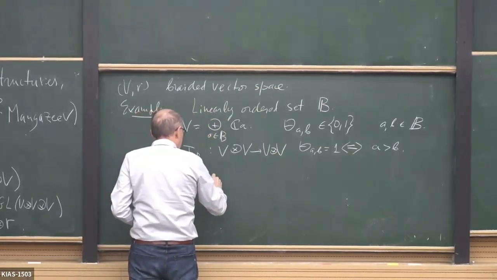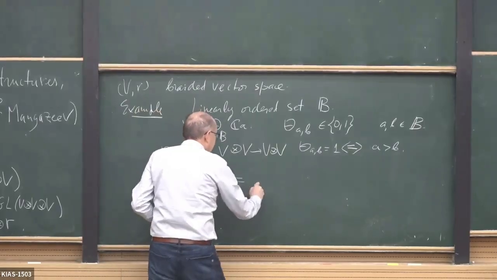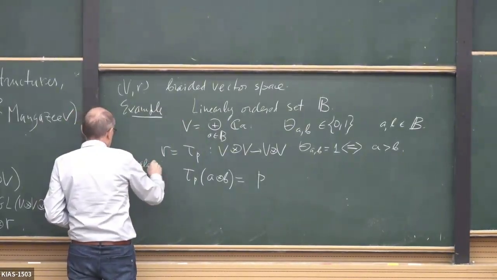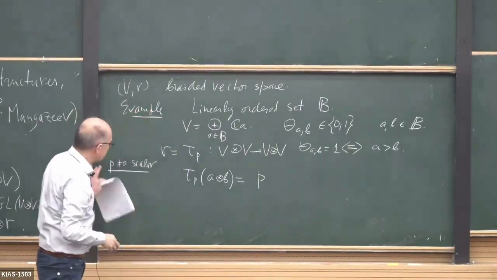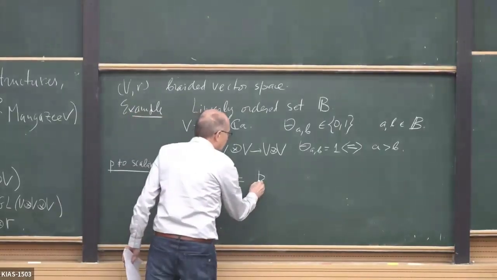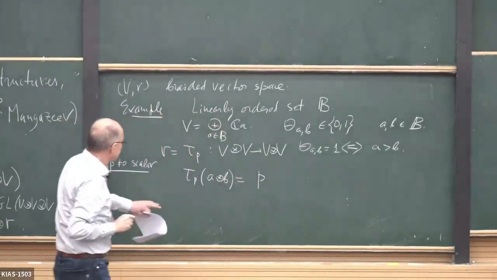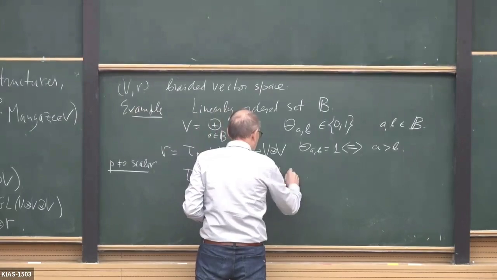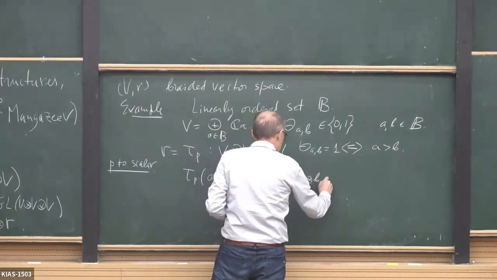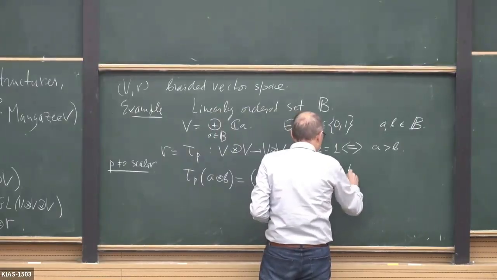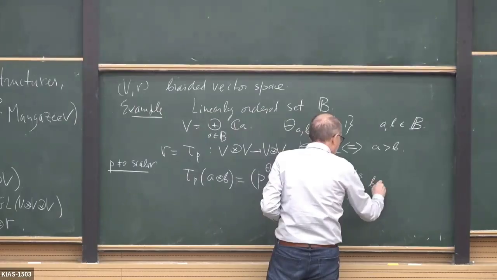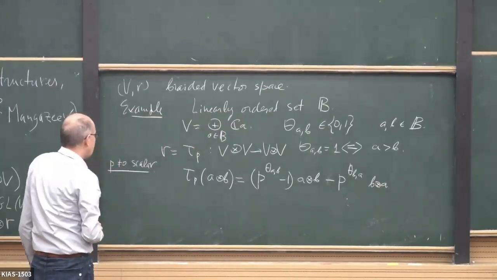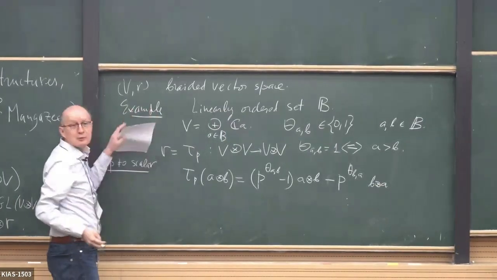If we apply it to A tensor B, then it is given by P to the power theta AB minus 1, A tensor B, minus P to the power theta BA, B tensor A. Here P is a non-zero scalar, a parameter like Q, but Q squared will be P, so this is why I use P instead of Q. And then this is a solution.